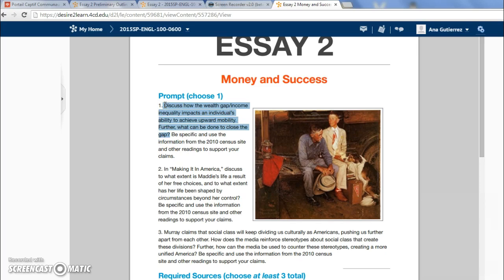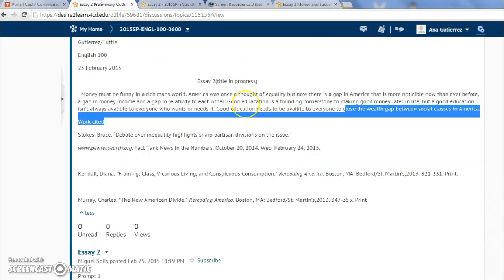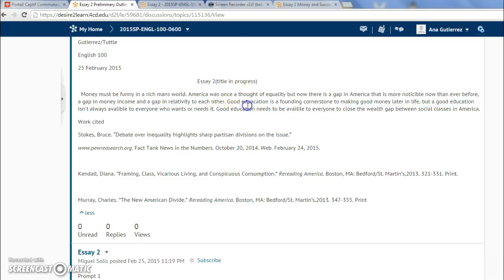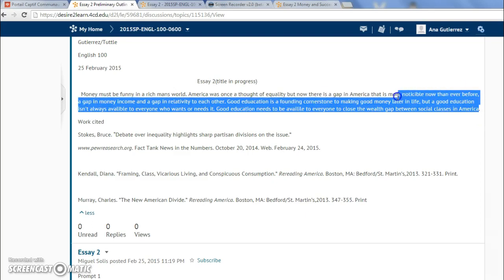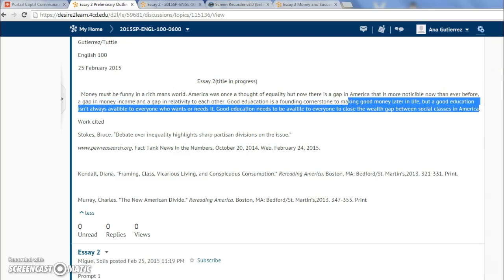Say the wealth gap impacts an individual's ability to achieve upward mobility through or because, and then give those reasons, and then give a sentence that says what can be done to close the gap. What can be done to close the gap is to provide good education to all social classes, or whatever it is that you're going to argue. But right now, as it stands, it's not very clear where you're going with the essay. Let's move on.